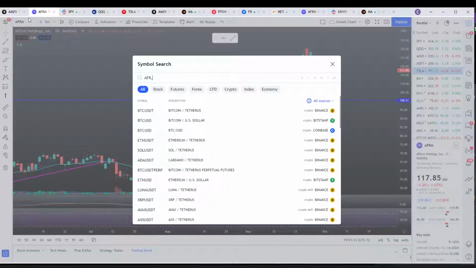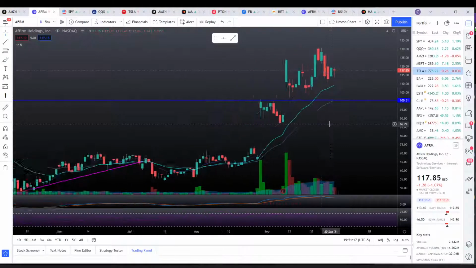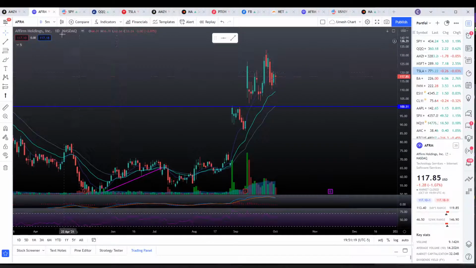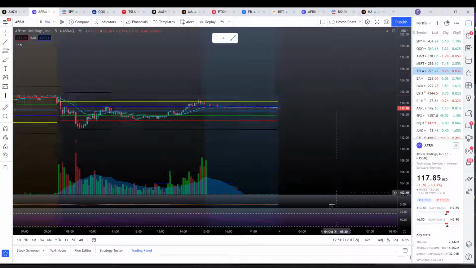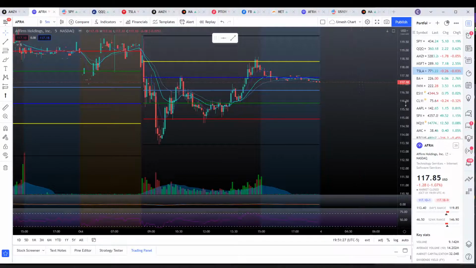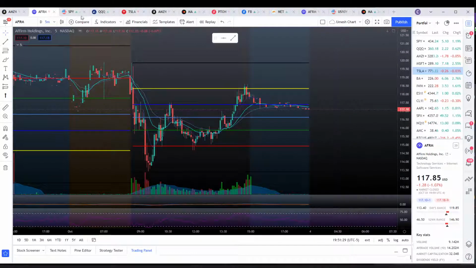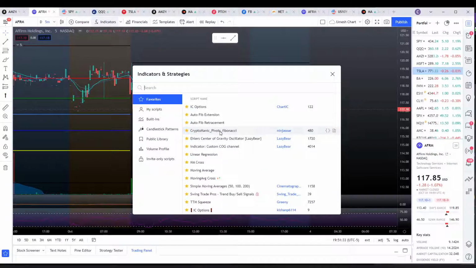this is my other profile I use. The other one is the IC profile, but this one is my other profile I use for the scalping. So this is the 5-minute chart, and I have shared in the education which indicator this is. It's right here. It is called Cryptomanic Pivots Fibonacci.